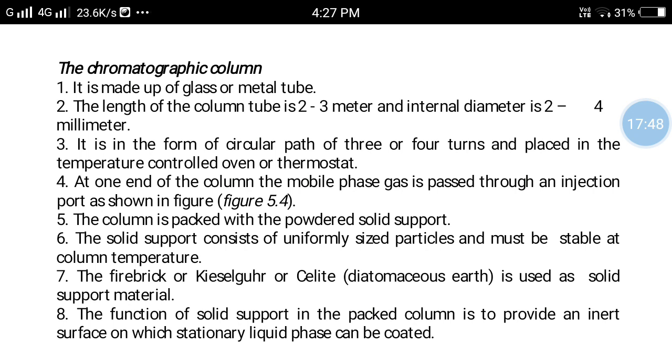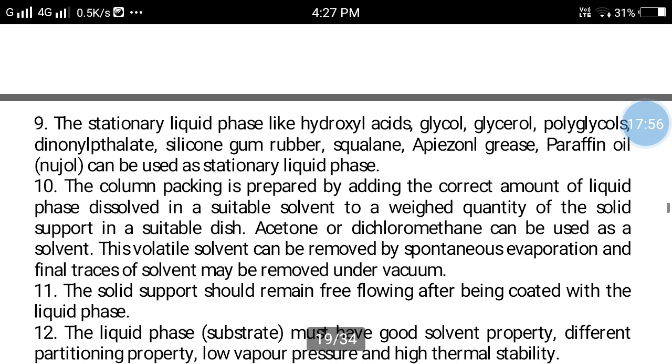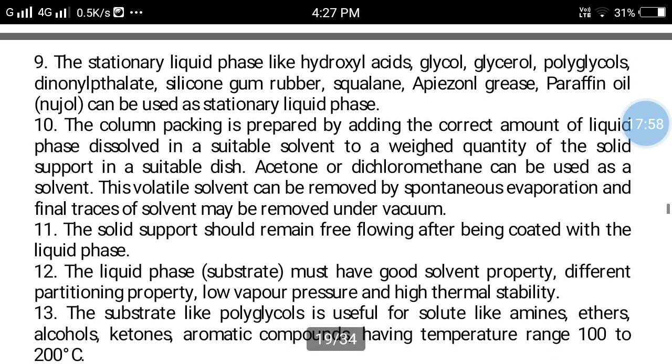The function of the solid support in the packed column is to provide an inert surface on which the stationary liquid phase can be coated. Stationary liquid phases like hydroxy acids, glycol, glycerol, polyglycol, dinonyl phthalate, silicone gum rubber, squalene, apiezon grease, and paraffin oil, that is called Nujol, can be used.